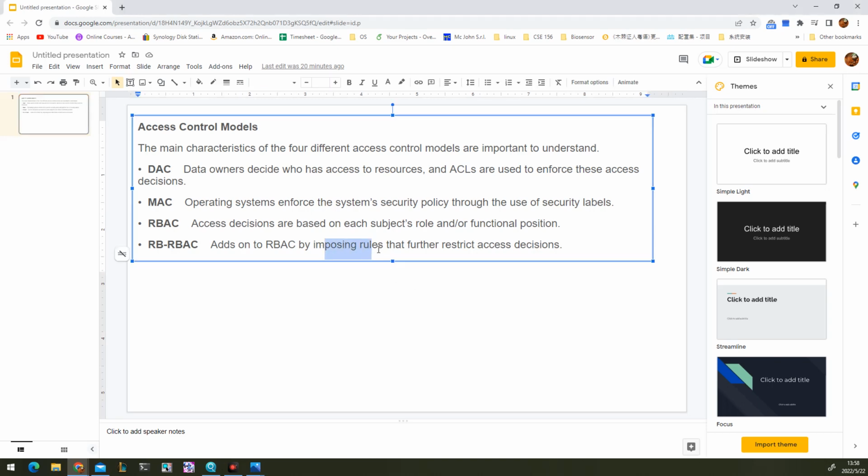If I impose a rule, then we further choose a set decision. There are more complex decisions to set a right for the user. That's the rule-based asset control. Okay, thank you.